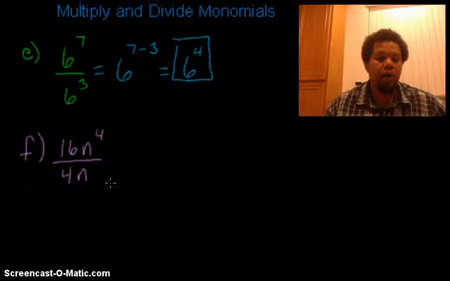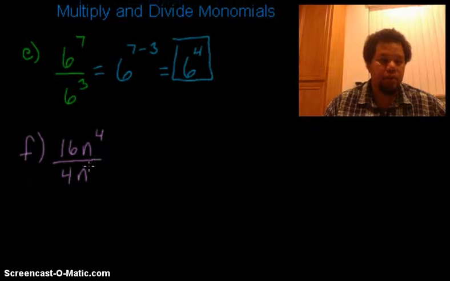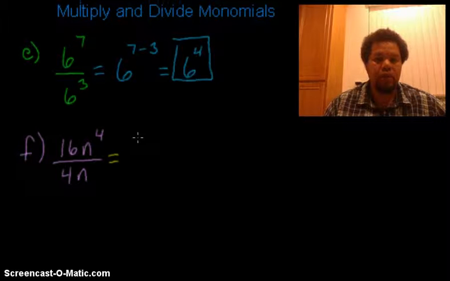All right, so here, again, we have dividing monomials. And we have 16n to the fourth divided by 4n. And remember, if there's no power, it's like to the 1 power. So what we do is we're going to have the 16 and the 4 dividing one another.